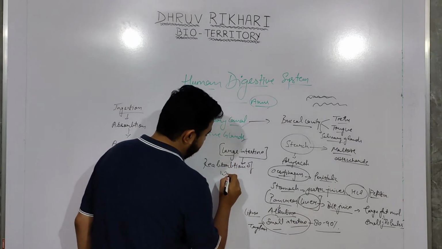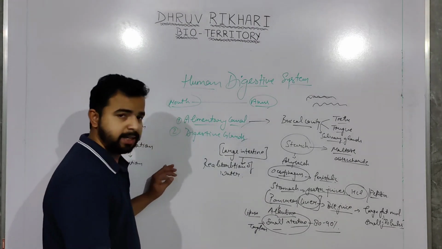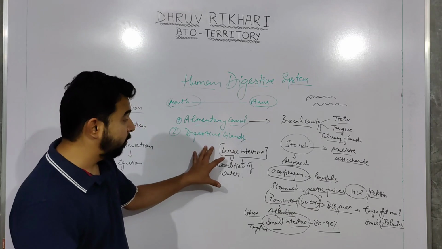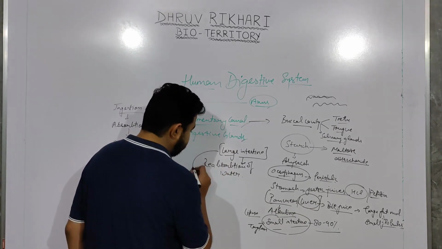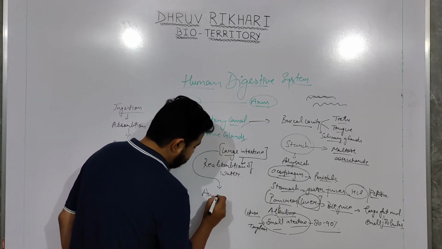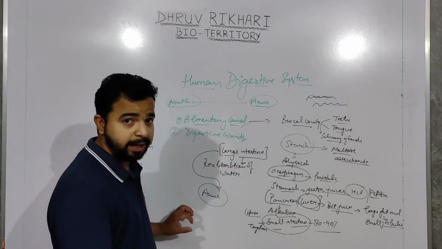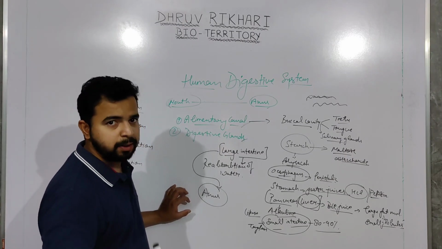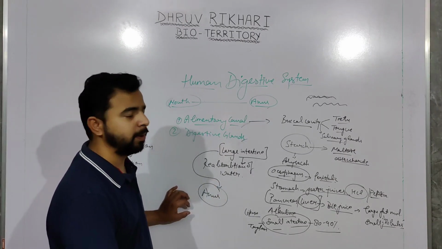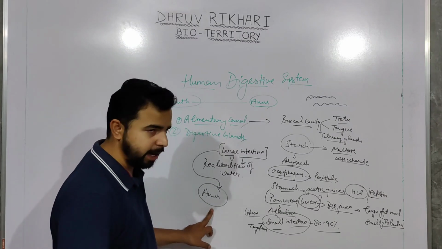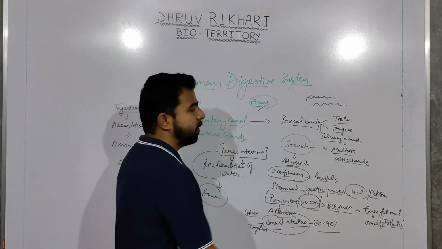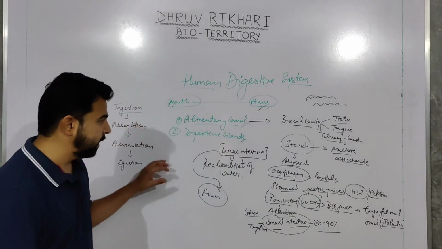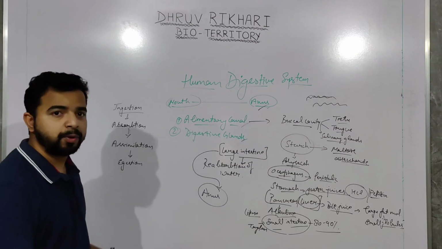Further, the remaining undigested food from the large intestine passes into the anus, which carries the undigested food, the unabsorbed food or the byproducts which need to be eliminated from the body, and that work is done by the anus, through which the undigested food gets eliminated. So this is about the human digestive system.